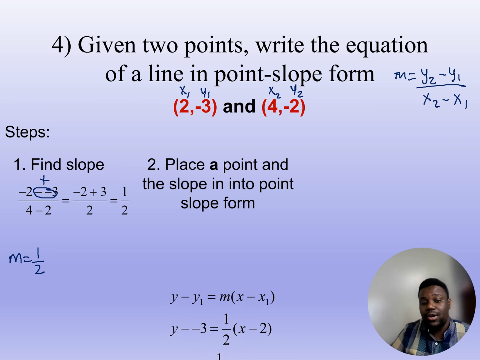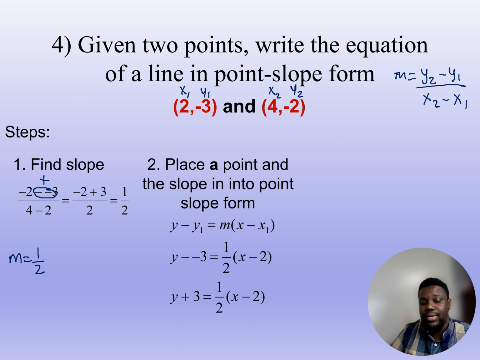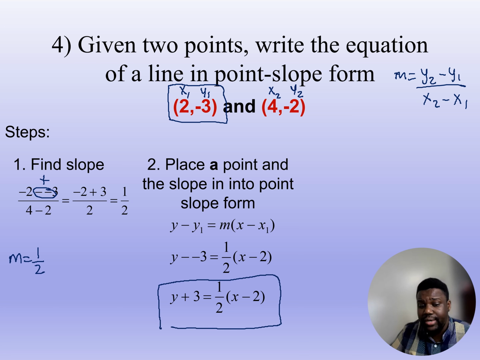So the point slope form again is y minus y1 equals m times x minus x1. And for this example, we use the first point. So we replace our m with our half, and we replace the y1 with the negative 3, and the x1 with our 2, simplify these two signs, and we end up with our final answer, which is y plus 3 is equal to a half times x minus 2.